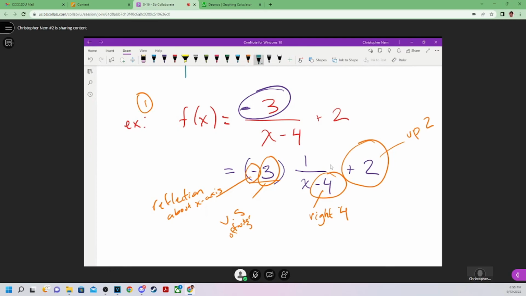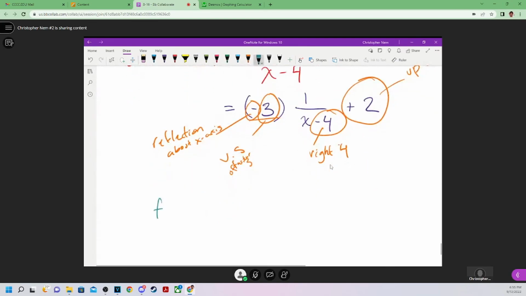Well, now let's go to example 2. Let's take f of x equals, let's do cubic.